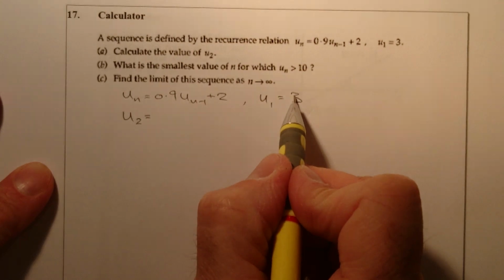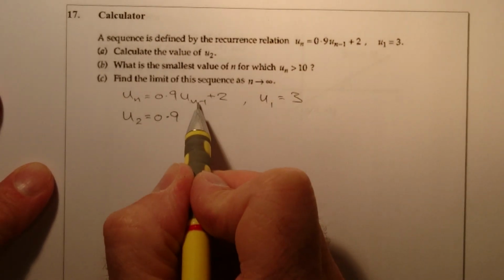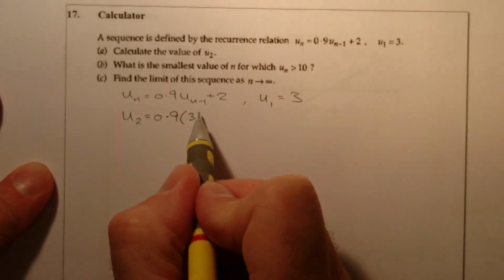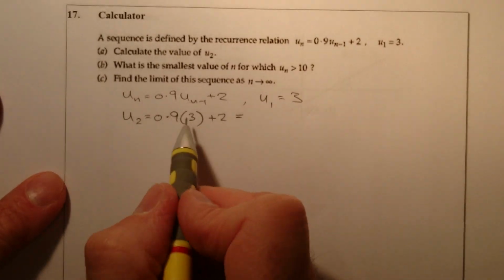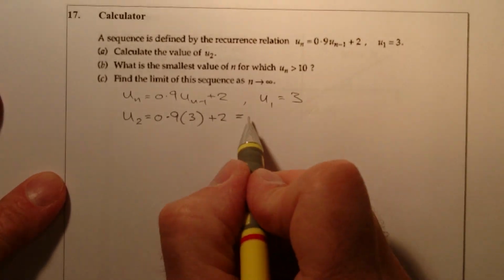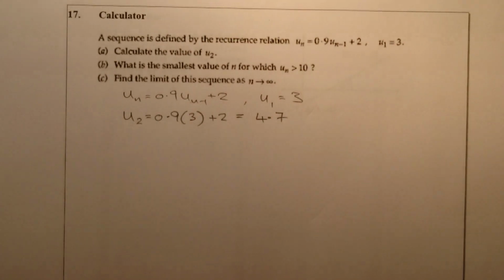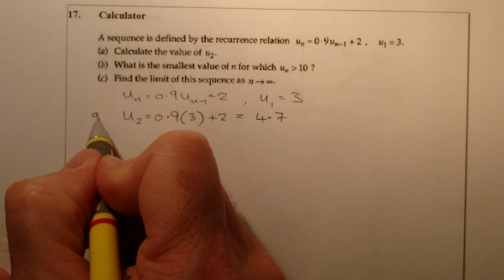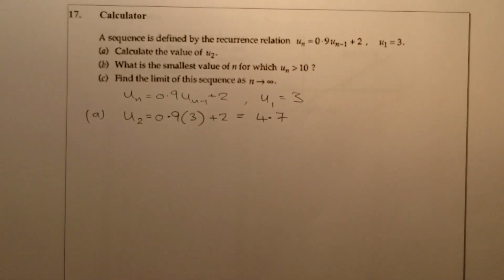The way I do that is I'm going to work out 0.9 times whatever the previous value is. That was 3, plus 2, and then I'll just work that one through. So that's going to be 2.7. 2.7 plus 2 is 4.7. Okay, so that there is part A completed. So that'll be a 1 mark for that when we get that.